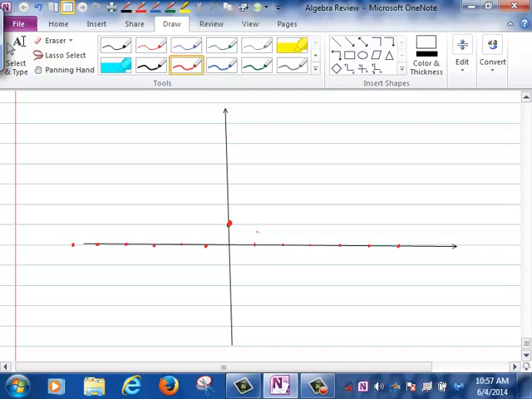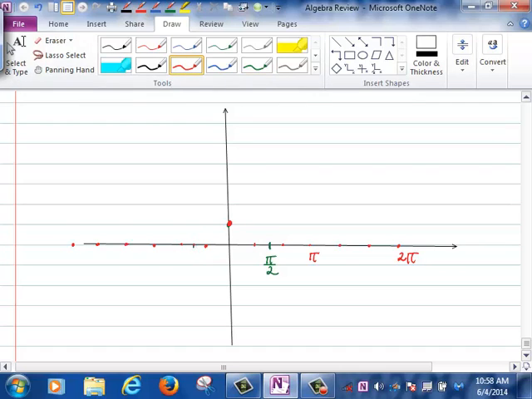Okay, so the graph of cosine, this is where pi is for me, this is where 2 pi is for me, and in the middle right here would be pi over 2.